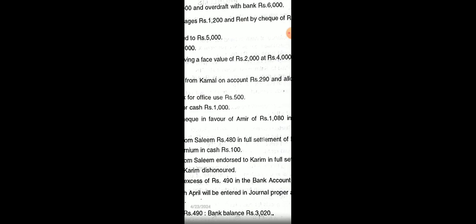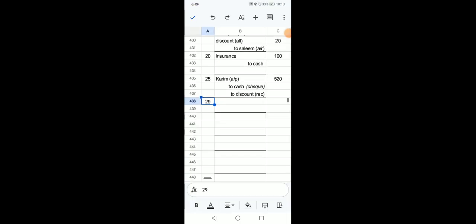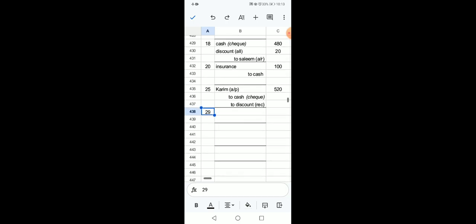Actually, we haven't issued check to Kareem. We had endorsed, as it is mentioned, check received from Salim is endorsed to Kareem. The actual word was endorsed, not issue. The main theme of this transaction is that check has been dishonored. It's little lengthy to understand, but please make your mind, we will understand it.